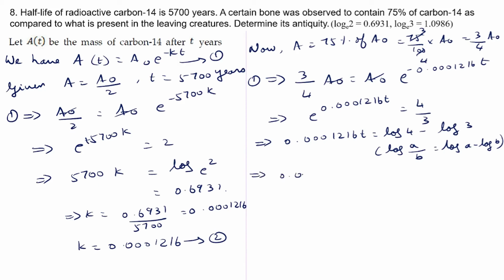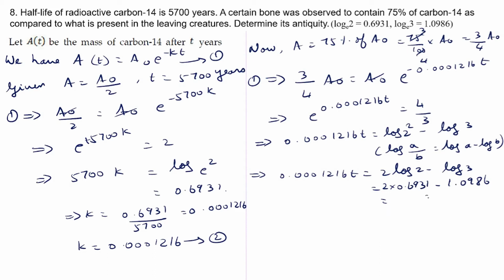So from this we get 0.0001216t. This 4 is 2 square, equal to 2 log 2 minus log 3. Log 2 is 0.6931. So this is 2 into 0.6931 minus log 3 is 1.0986.